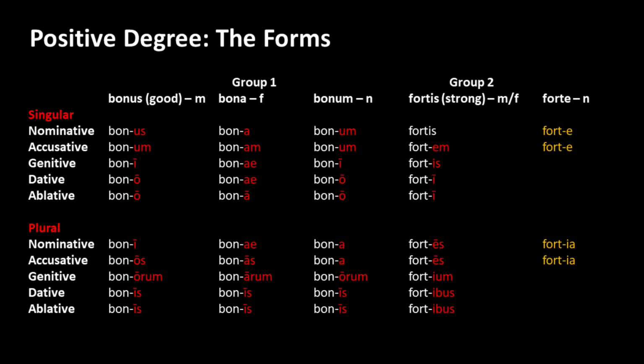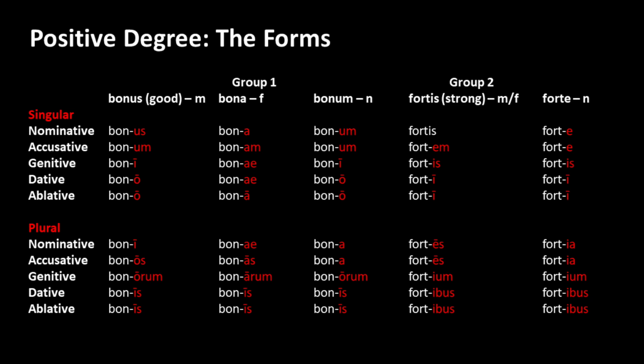So I will proceed to give you the whole of the declension. There it is, no surprises there. If, with the exception of the singular ablative, there are any surprises, my advice, once again, is to go back and look at your third declension nouns.